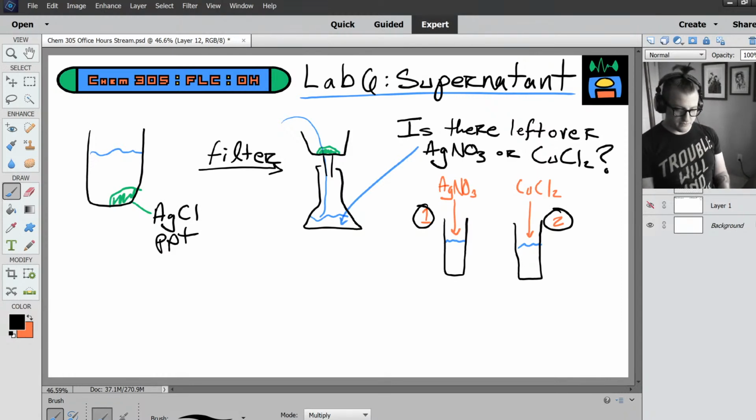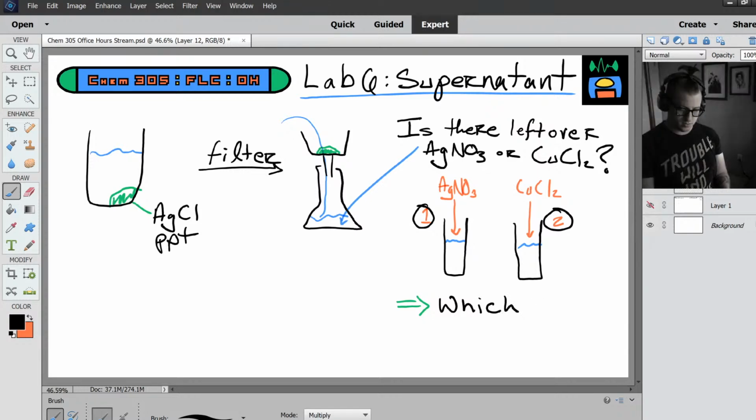Okay, here's what we're looking for. We're looking to answer this question. Which test tube produces precipitate?